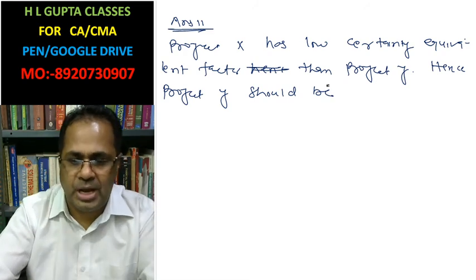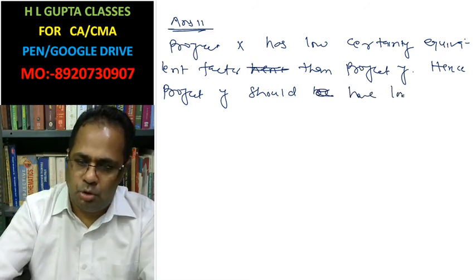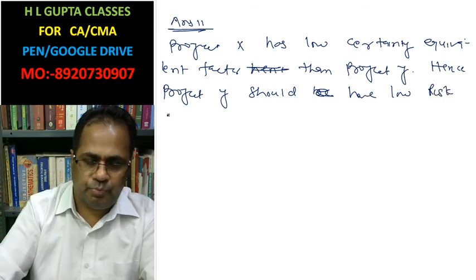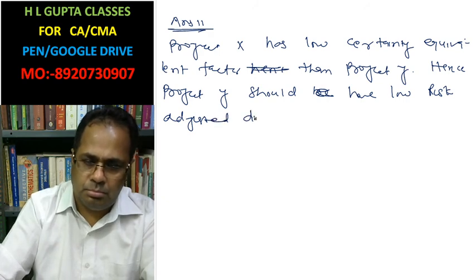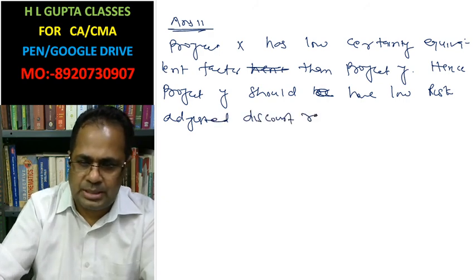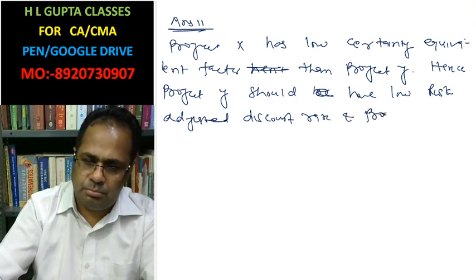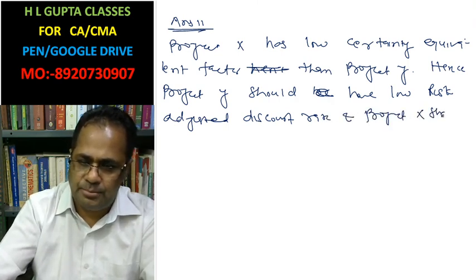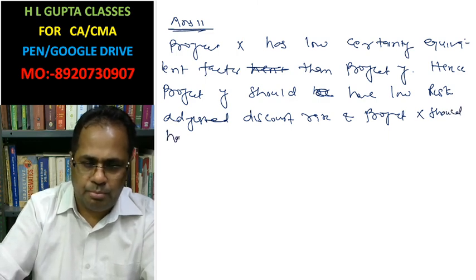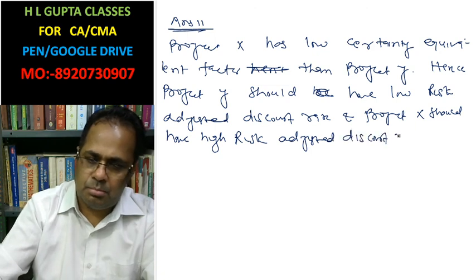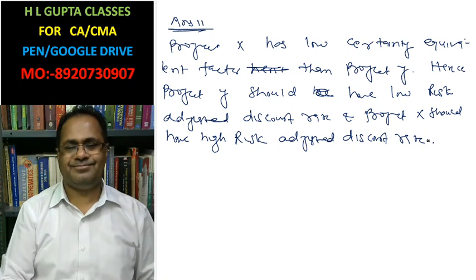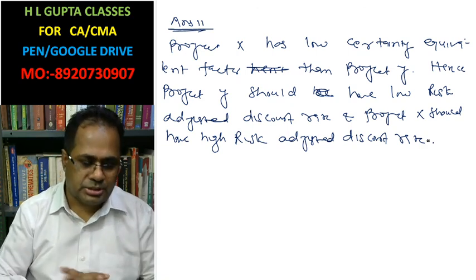Y should have a low risk adjusted discount rate and project X should have a high risk adjusted discount rate. Okay, this question is completed.